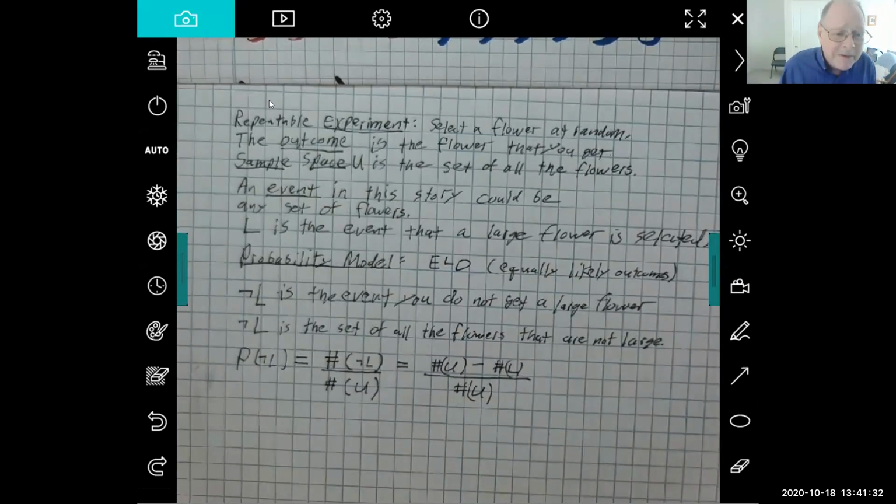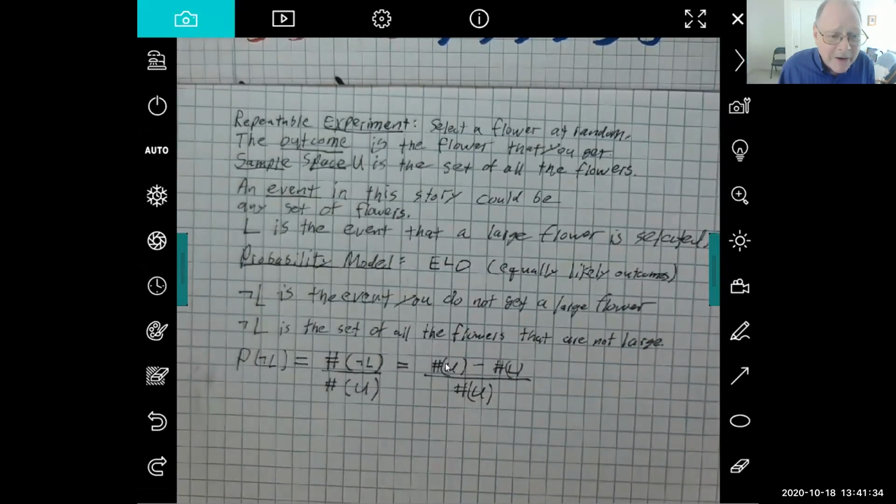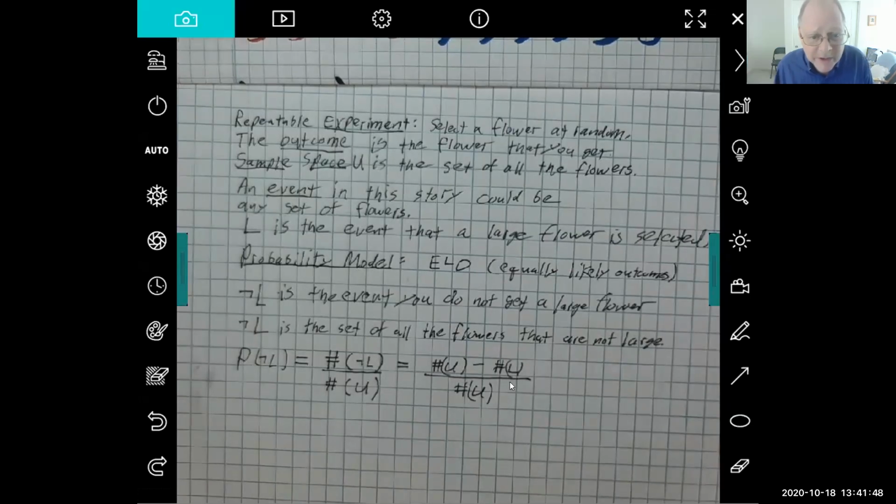The number of flowers that are not in L is the total number of flowers minus the number that are in L. So the size of not L is the size of the whole sample space minus the size of L. I just replaced the numerator there.